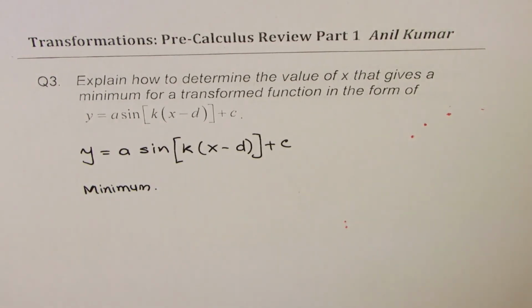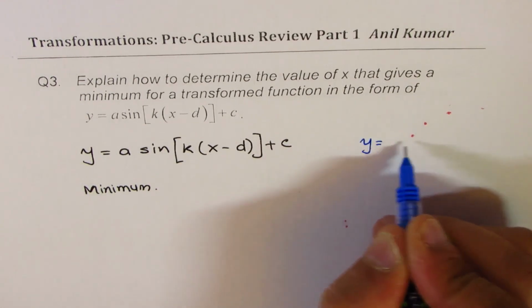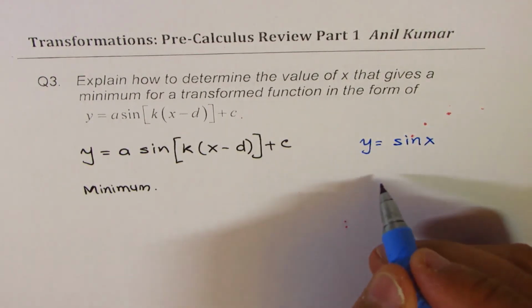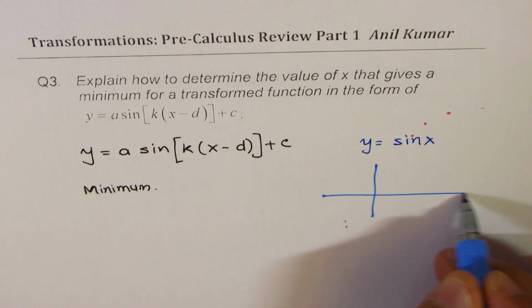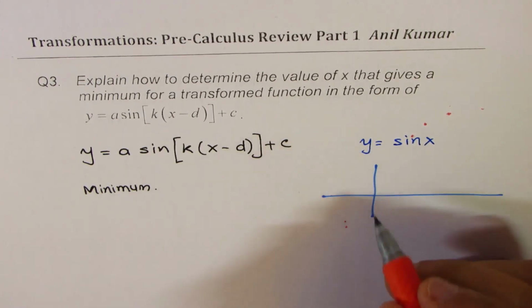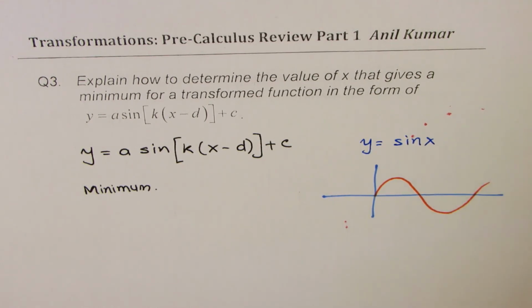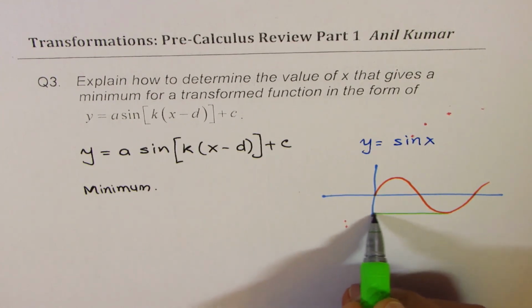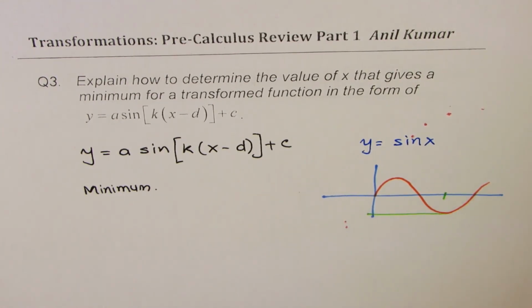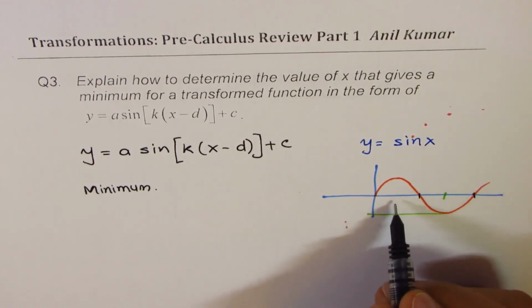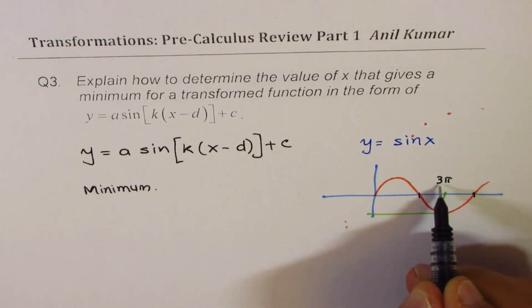Now, if you consider y equals sine x, let me sketch that function, y equals sine x. It will be something like this, right? Where the minimum occurs at this point. Now, if you are doing in radians, we know this is 2 pi, this is pi, this is 3 pi by 2.